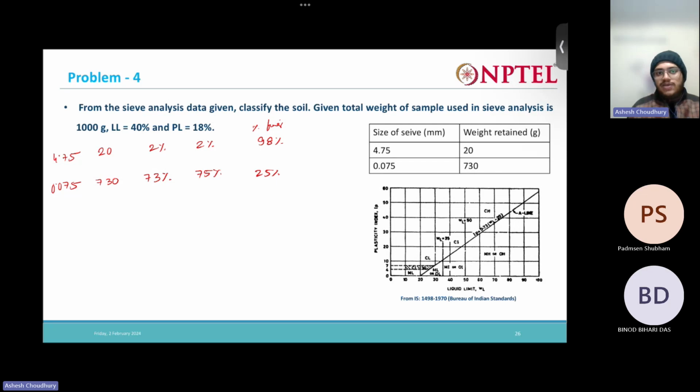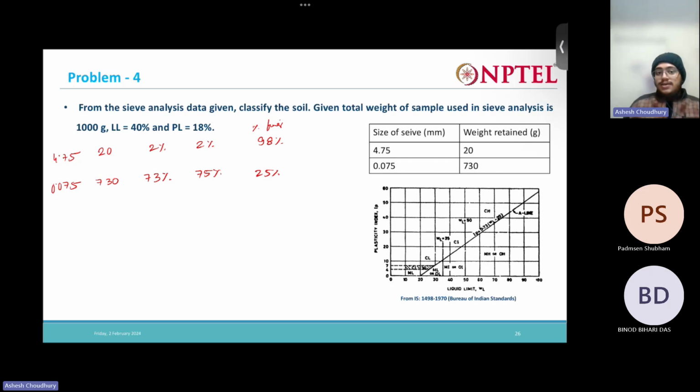So percentage finer than 4.75 mm is 98% and percentage finer than 75 micron is 25%. So tell me whether the soil is coarse or fine. What will be the answer?